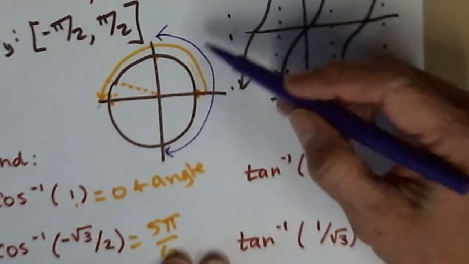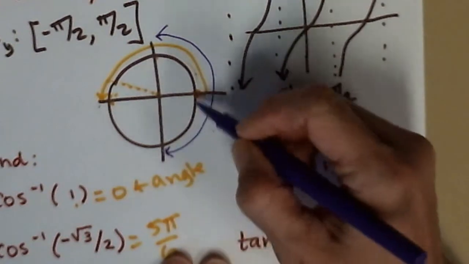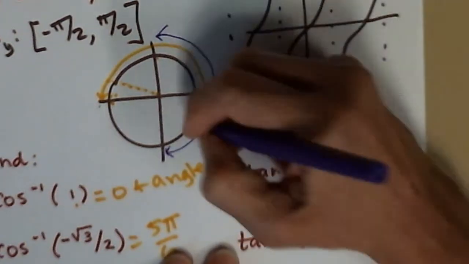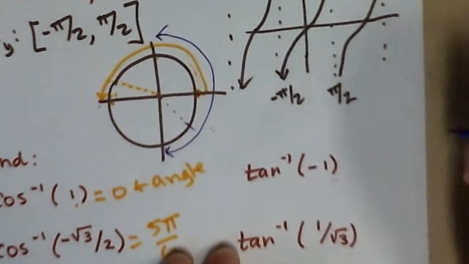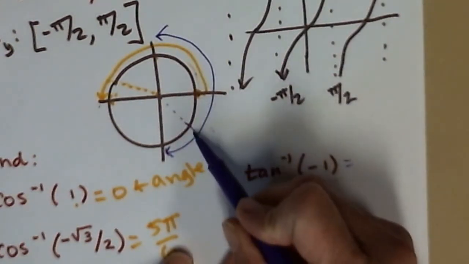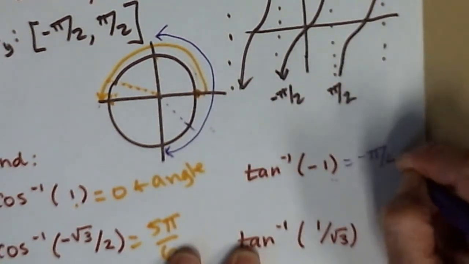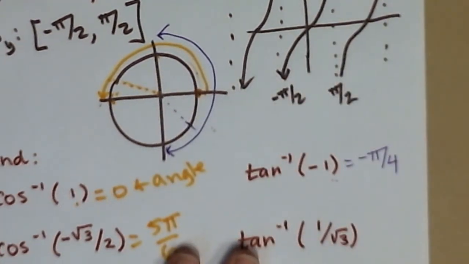So tangents are positive here and negative here, so I'm down in this chunk between negative pi halves and 0, and it's 1 when sine and cosine equal each other, which is that pi fourths, but I'm down, so negative pi fourths.